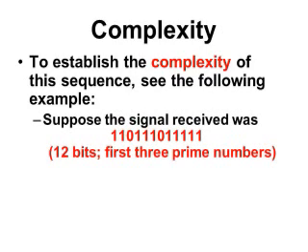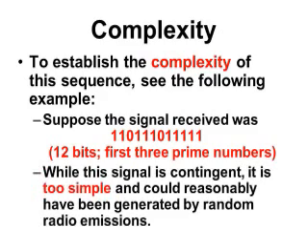Suppose the signal we received was 2 space 3 space 5, and that's all. 22 bits, first 3 prime numbers. It's contingent. But could it have happened by chance? I think you could throw the dice enough time to make that happen. While this signal is contingent, it's too simple. It could reasonably have happened by chance.